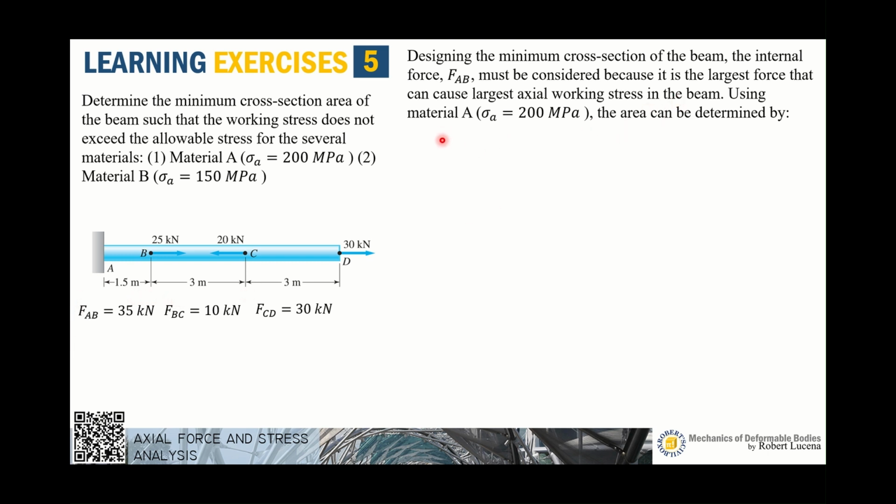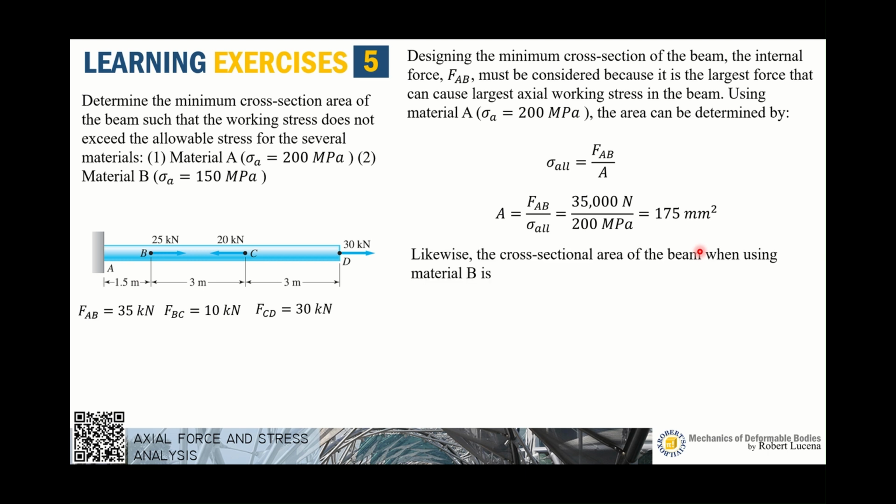So using material A, that is 200 megapascal, the allowable stress is equal to FAB over A. So the area required for this beam to be safe is equal to 35,000 divided by 200 MPa. That is 175 square millimeter.